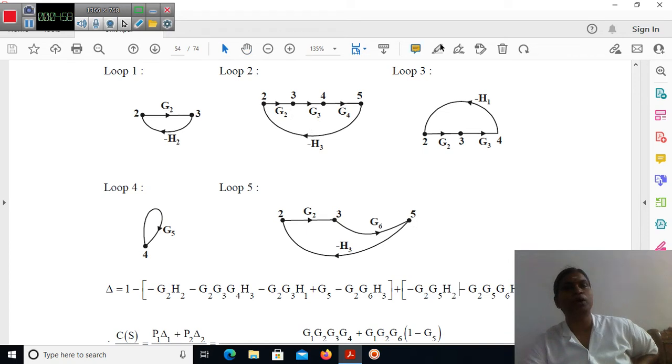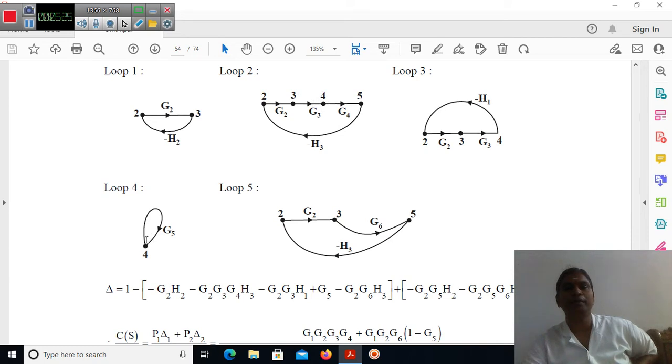We compare it with all the other loops. G2 is repeating here, and here also G2 is repeating. Once again comparing with loop 4, G5, the fourth point is overlapping.